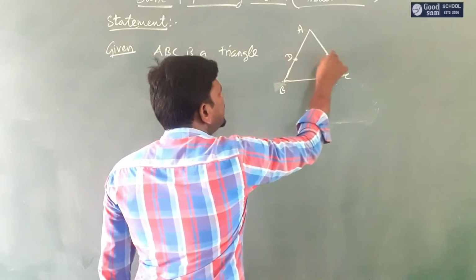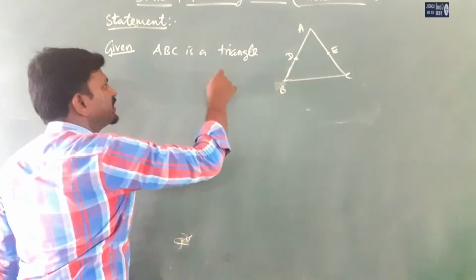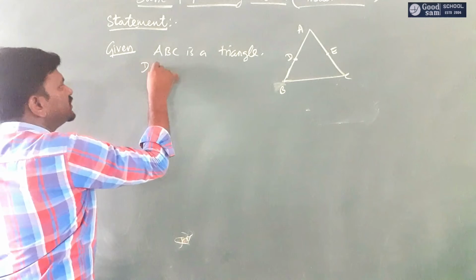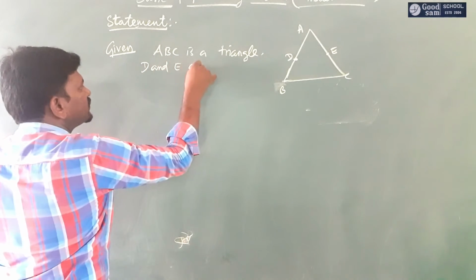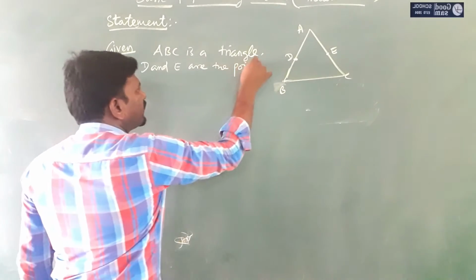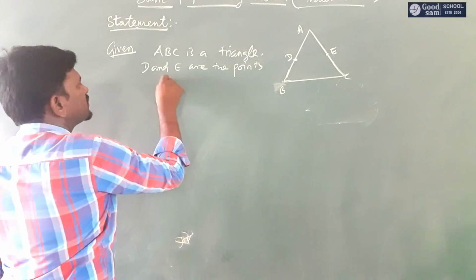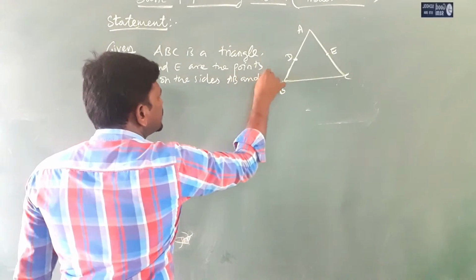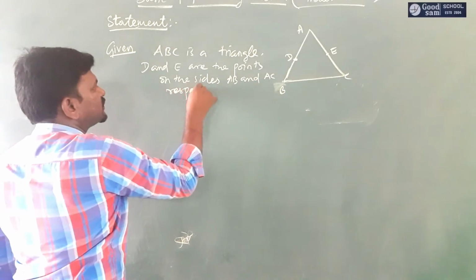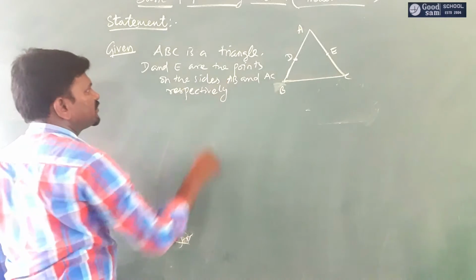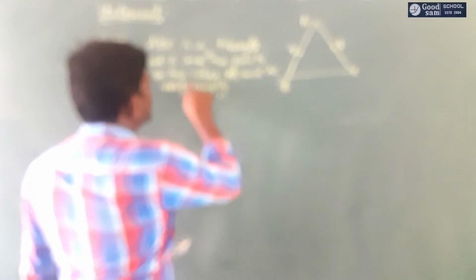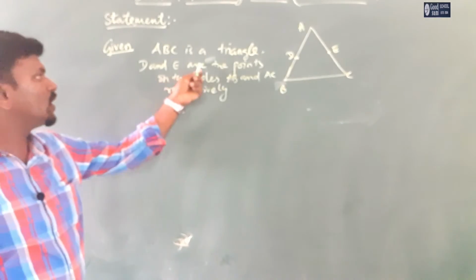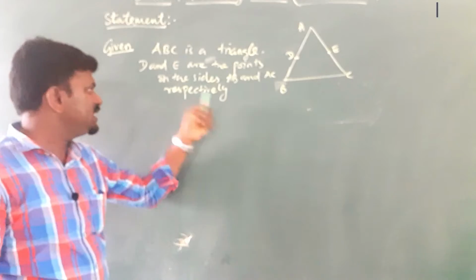D and E are the points on the sides AB and AC respectively.